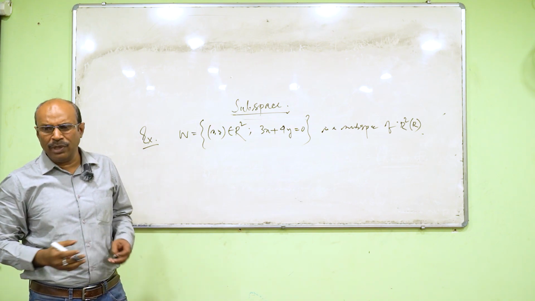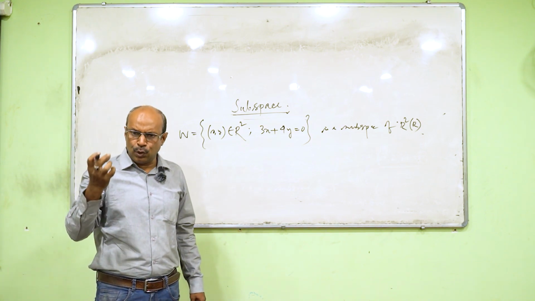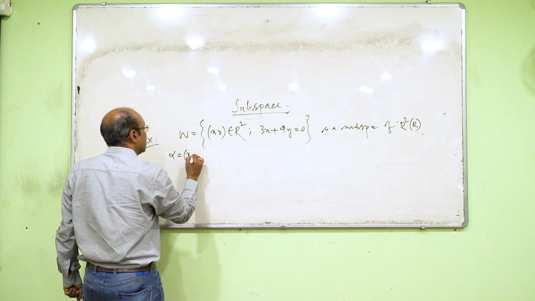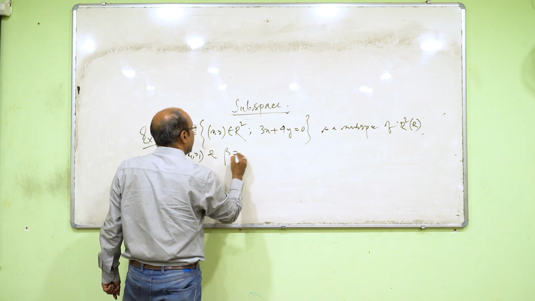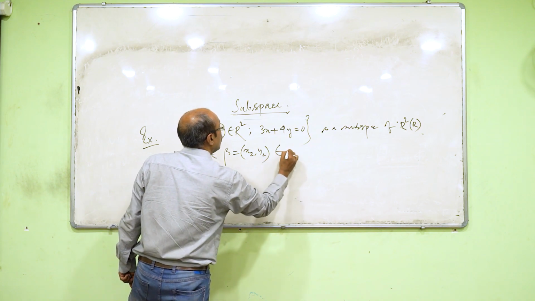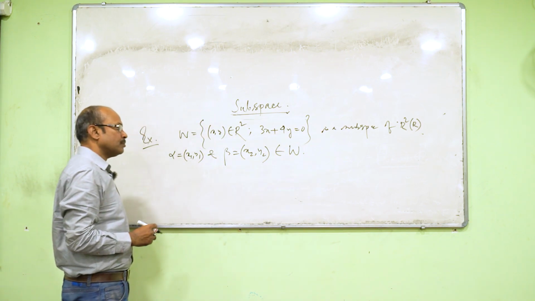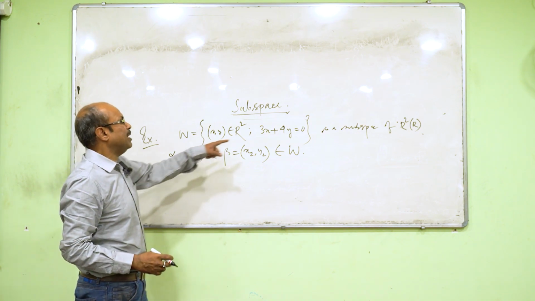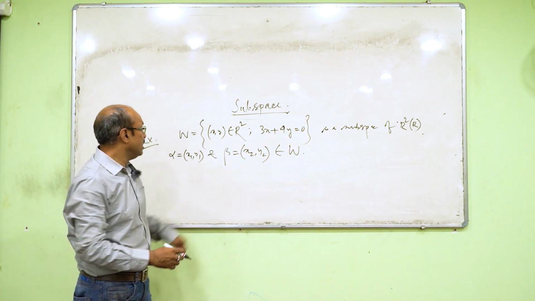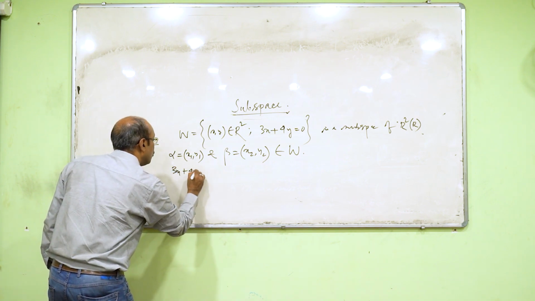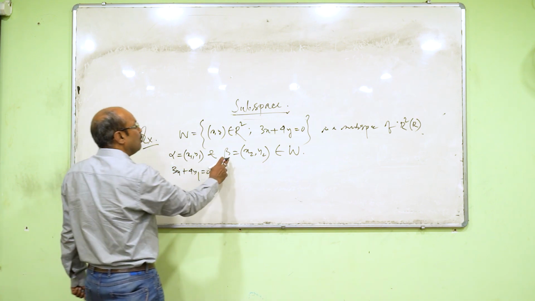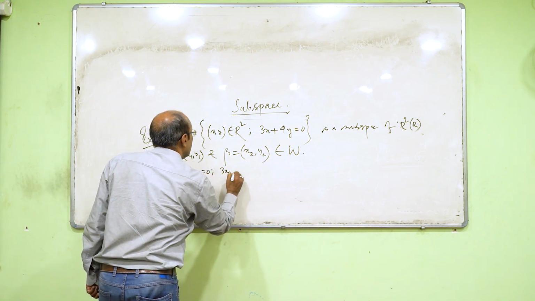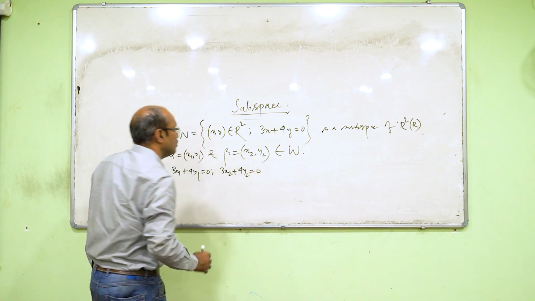So at first, what do we have to do? At first we have to take two vectors from capital W. Let alpha equals (x1, y1) and beta equals (x2, y2) belong to capital W. If alpha belongs to capital W, then alpha must satisfy the relation, that is 3x1 plus 4y1 equals 0, and beta also belongs to capital W, so beta must satisfy the relation, that is 3x2 plus 4y2 equals 0.